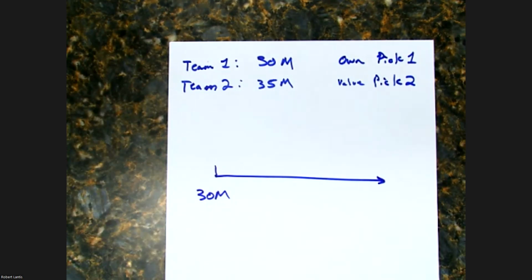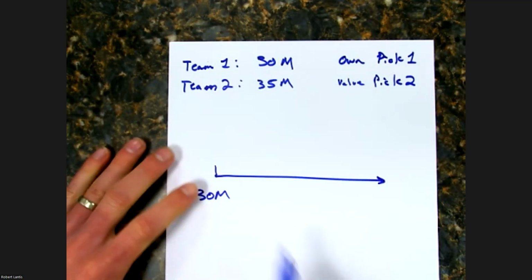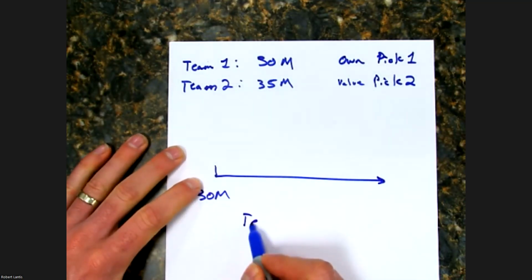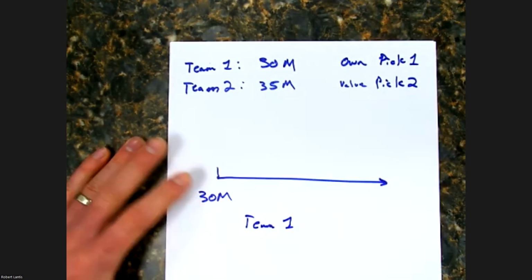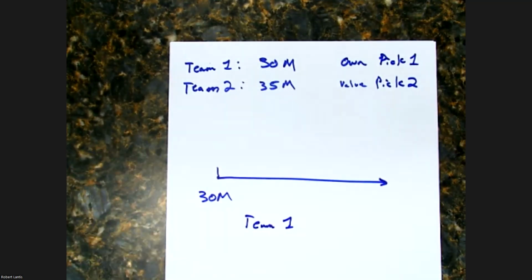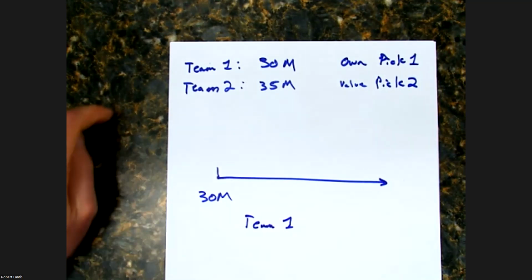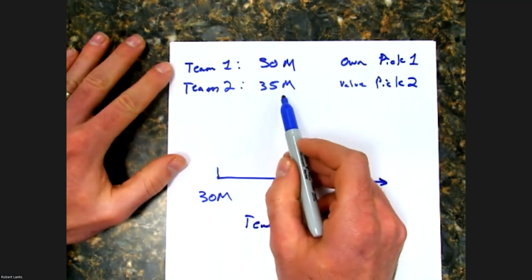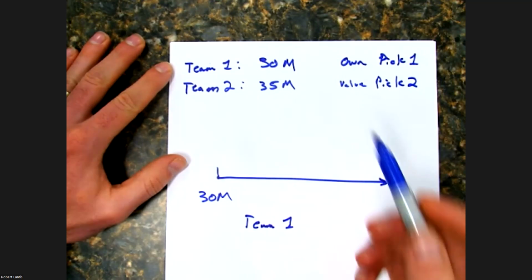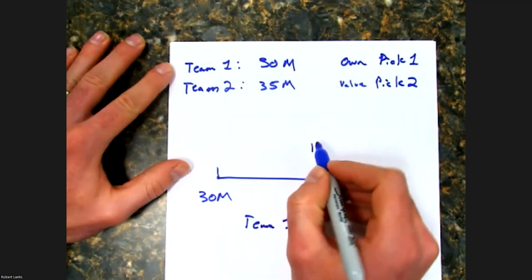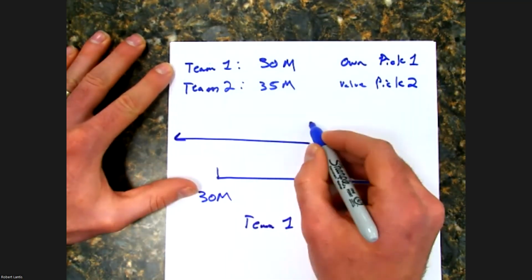When I say offer, this could be a combination of players that they might get traded, other draft picks and the value of those draft picks, or a combination of the two. So team 1 is willing to accept anything over whatever they currently value having that pick at. Team 2, if they value it at 35, would be willing to trade anything up to 35 million.